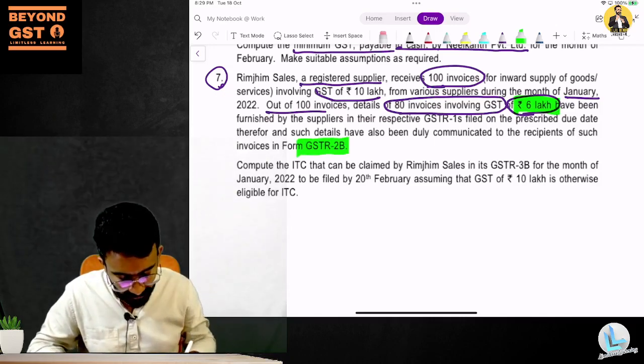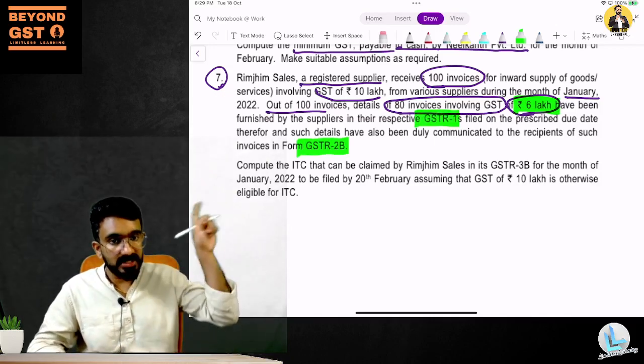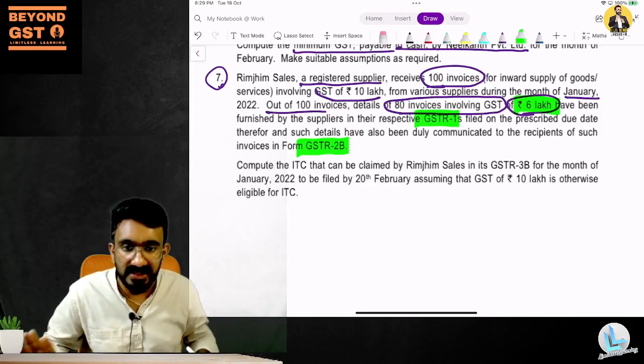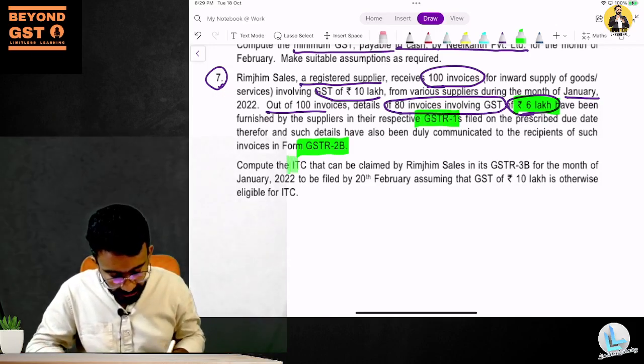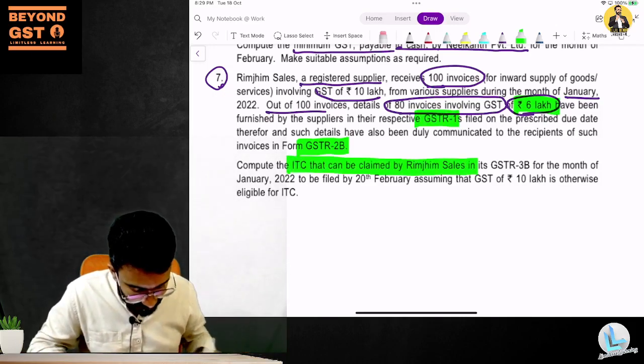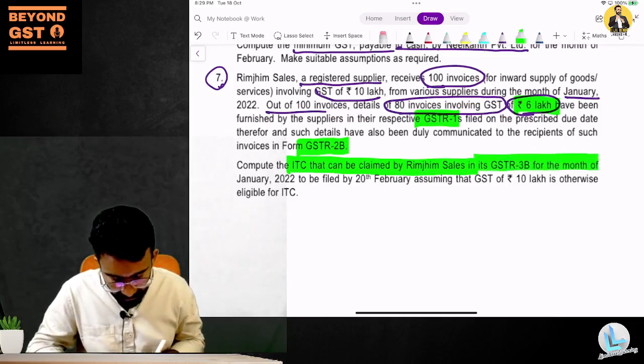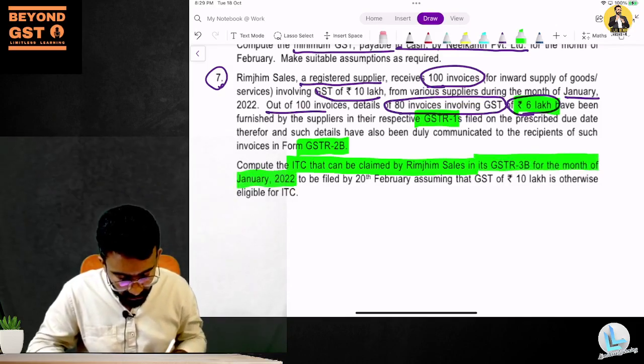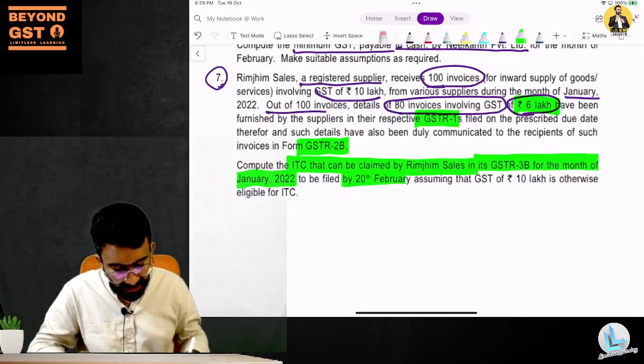So in my 2B, I found that only 6 lakh is reflected. Compute the ITC that can be claimed by Ringim Sales in their 3B for the month of January 2022, to be filed on 20th of February, assuming GST of 10 lakh is otherwise eligible.